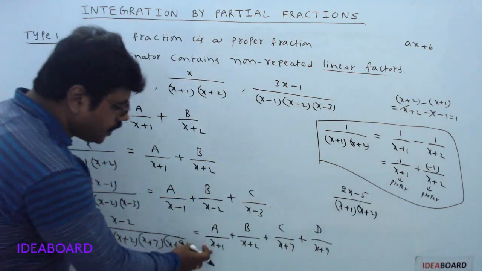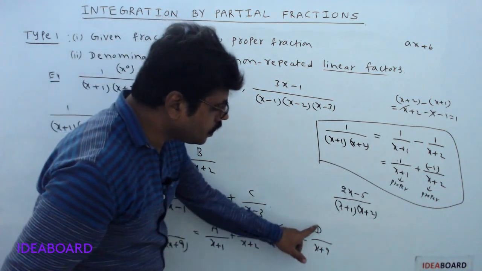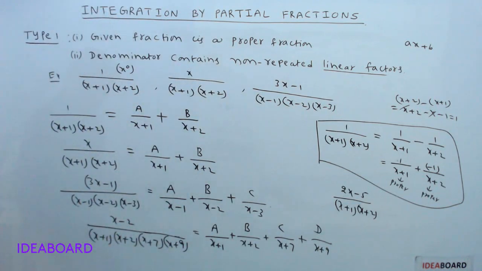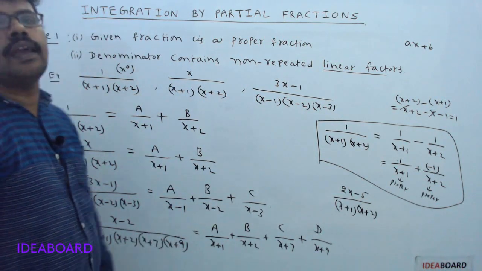Now here a by x plus 1, b by x plus 2, c by x plus 7 and d by x plus 9 are called partial fractions of x minus 2 divided by (x plus 1)(x plus 2)(x plus 7)(x plus 9).